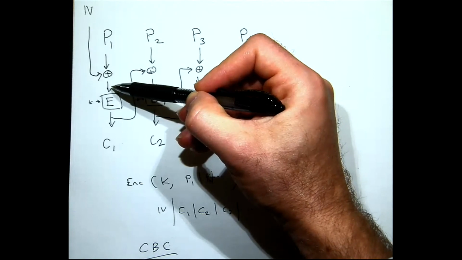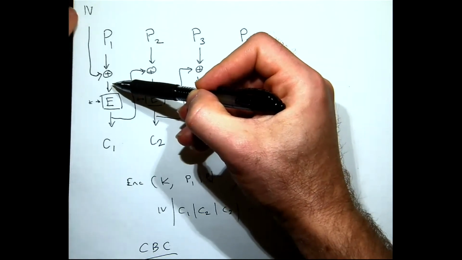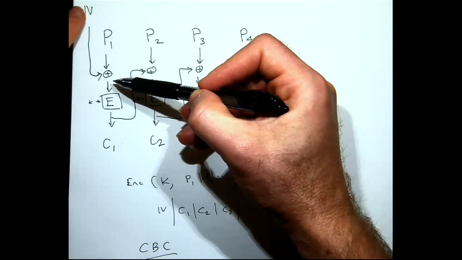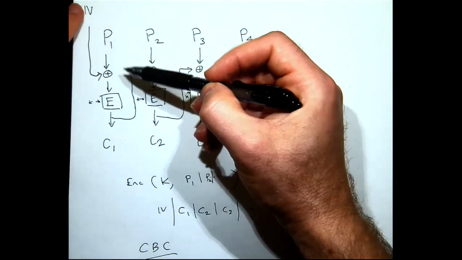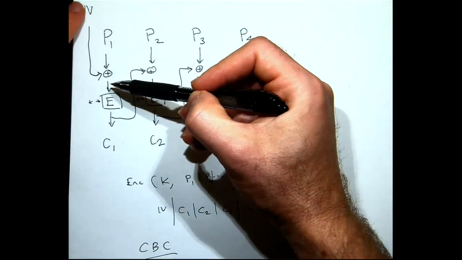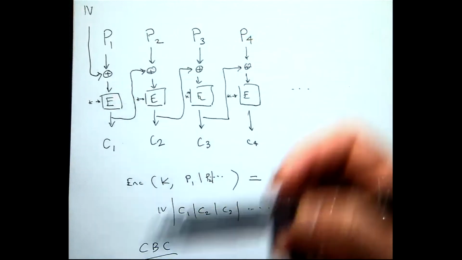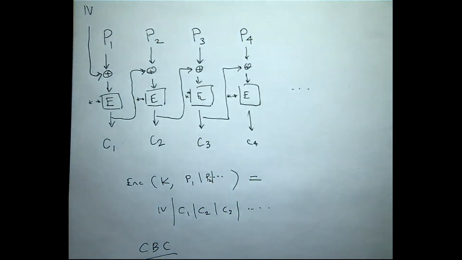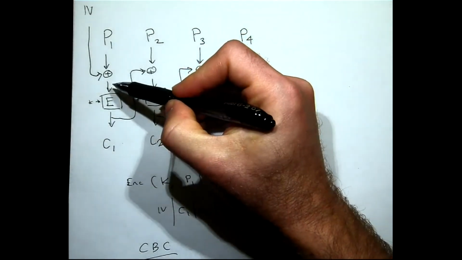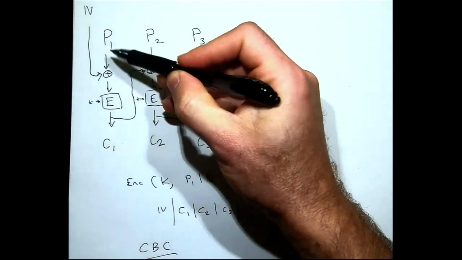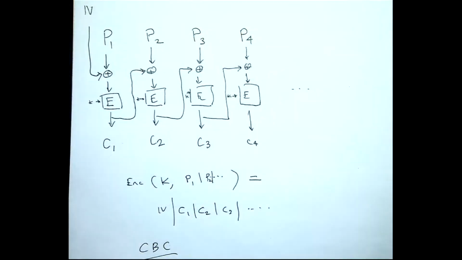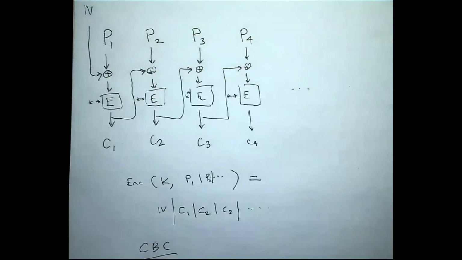Well, they know the initialization vector as well, so they can recover P1. You could think of it like subtracting off the initialization vector with mod 2 arithmetic with no carries. It turns out that subtraction and addition are the same thing, mod 2. So basically all you have to do is take this value, exclusive OR it with the initialization vector, and you'll recover P1. Okay, so that's how the recipient recovers P1.